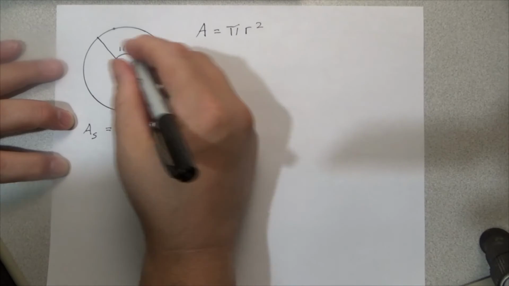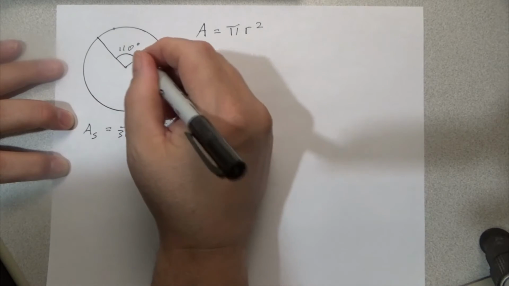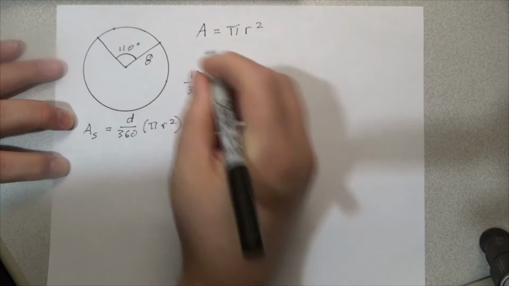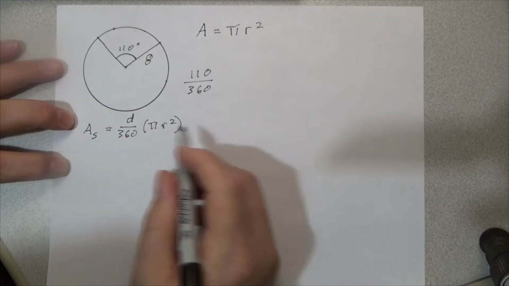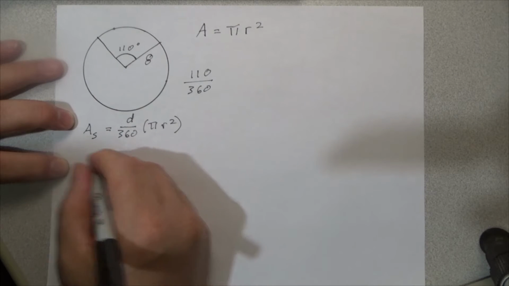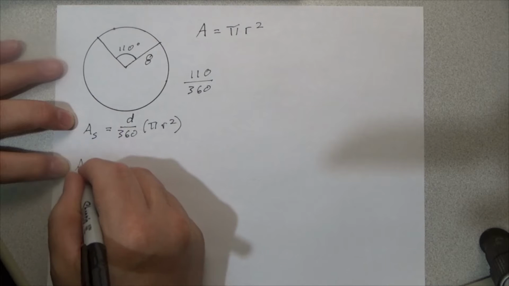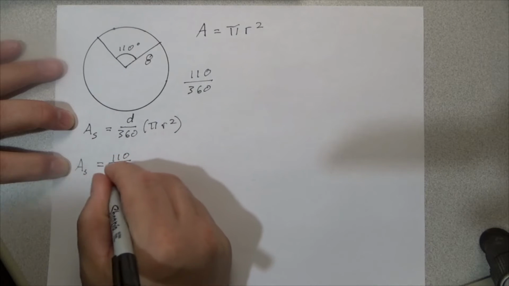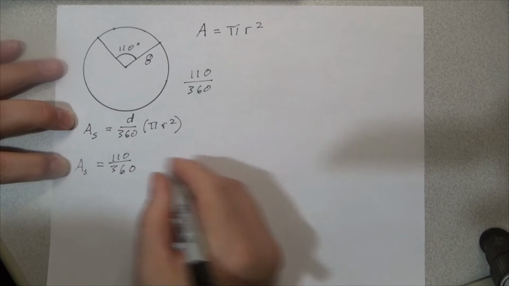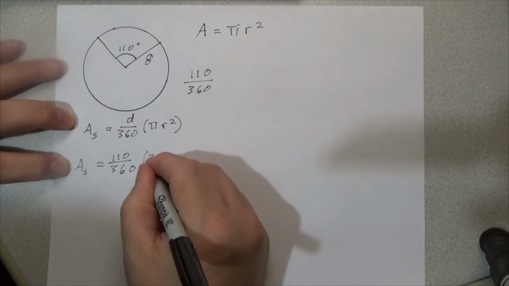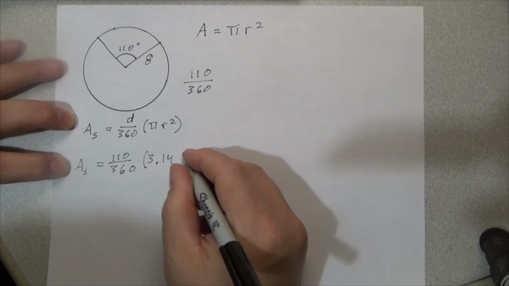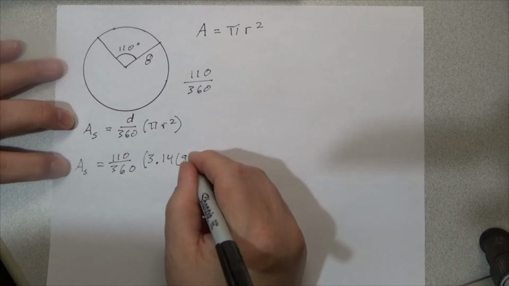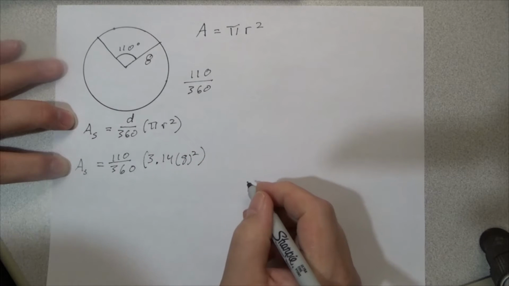So let's say that we've got this circle here, and let's say the circle has a radius of 8. Okay, so I'll put that there. So we've got what we need here. The area of this sector is going to equal 110 divided by 360 times 3.14 times 8 squared.